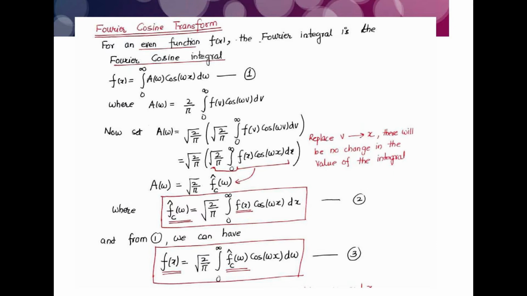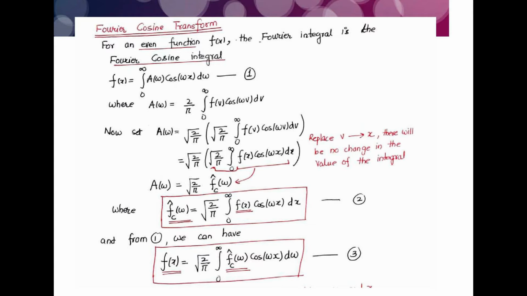If we see here, we are integrating with respect to the variable v, and then we are putting the limits 0 and infinity. So whether we integrate with respect to variable v or with respect to variable x, it hardly makes any difference. So we are replacing v by x in the expression inside this bracket, and finally we have this next expression which I have underlined in red.